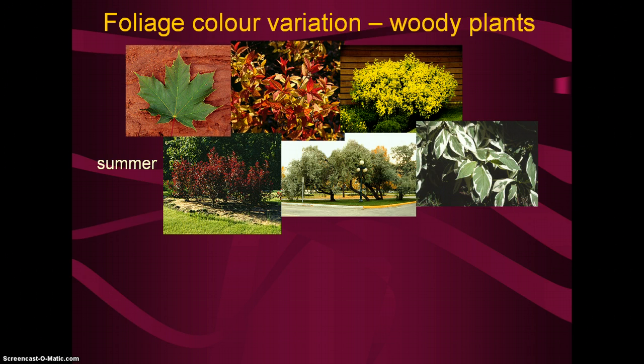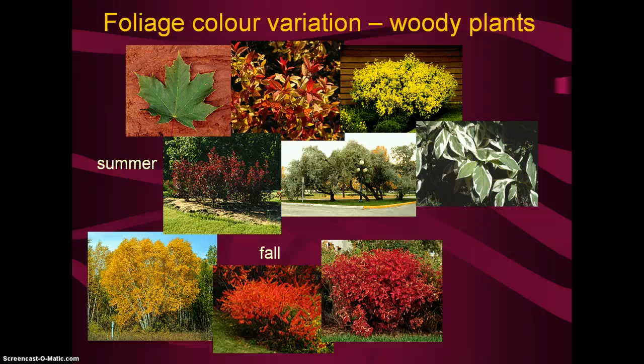But in landscaping we have lots of different choices, such as reddish colors, deep red. We've got silvery colors. We've got yellow, and we can have variegated colors, where a mixture can create a bit of a silver hue, and you have white mixed with green. So lots of variation in the summer landscape, and think about the complementary colors that work well together. Think about the analogous colors and so on.